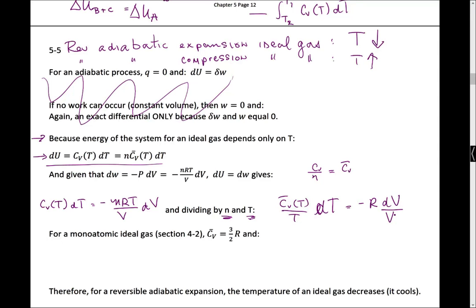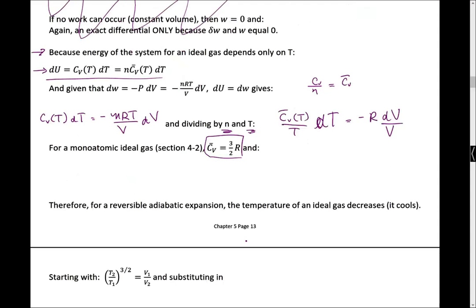And what we've previously shown is that the heat capacity for a monoatomic ideal gas is temperature independent, and it's equal to 3/2 R. Okay? All right, so looking at the left side of the equation, that means I'm going to put in 3/2 R over T, or dT over T.